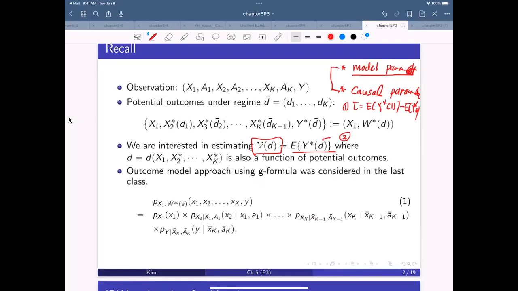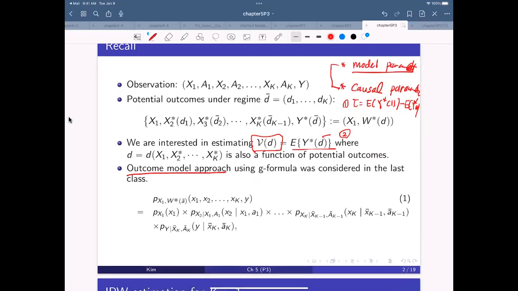So what we studied last class was basically using the outcome model approach, right? Remember, we always have an outcome model approach and then the propensity score model approach, and then combined, the augmented one.